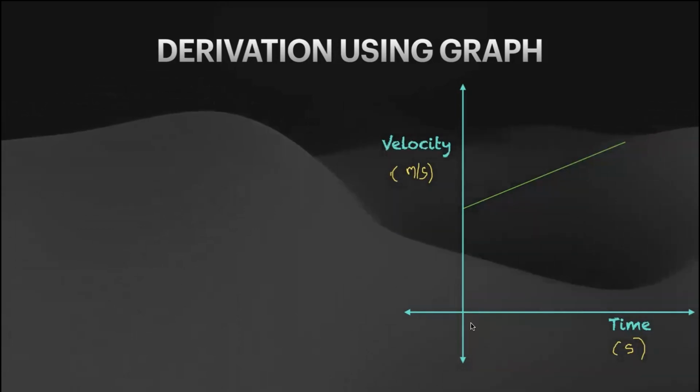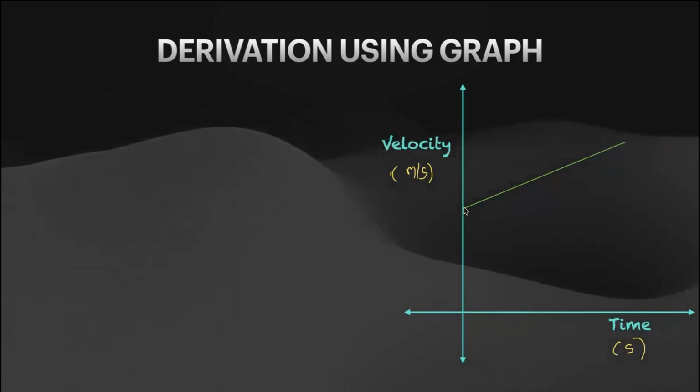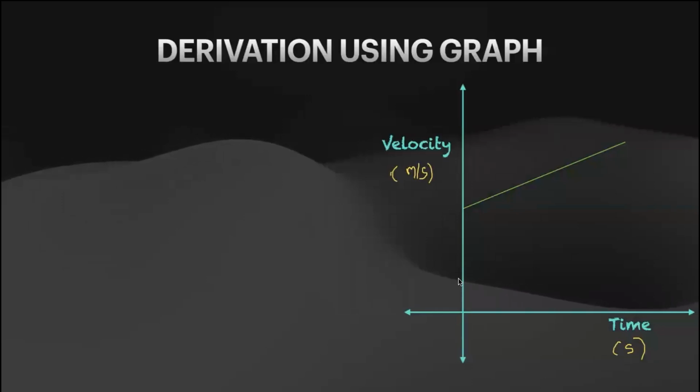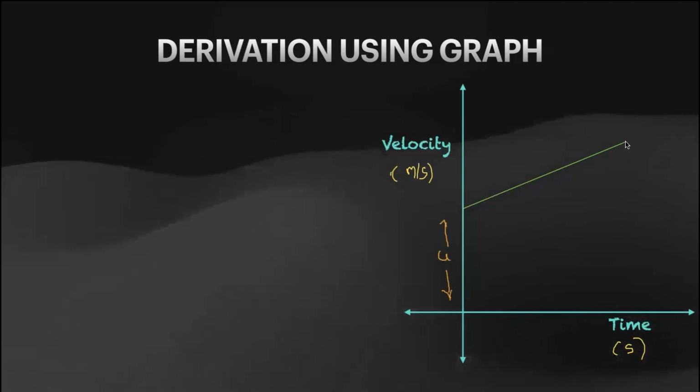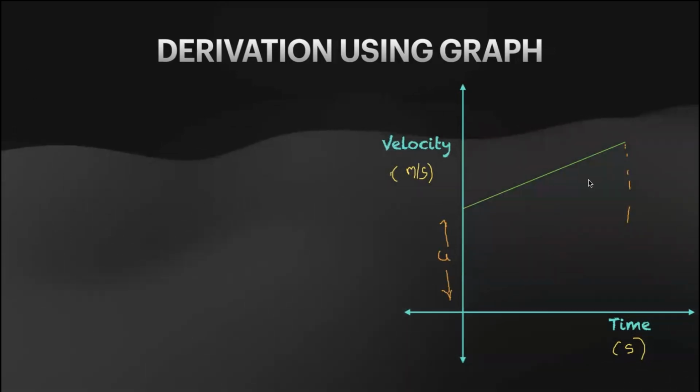So at time t is equal to 0, the car has some velocity. So what is this? This is nothing but u. After some time the person has stopped taking the readings.